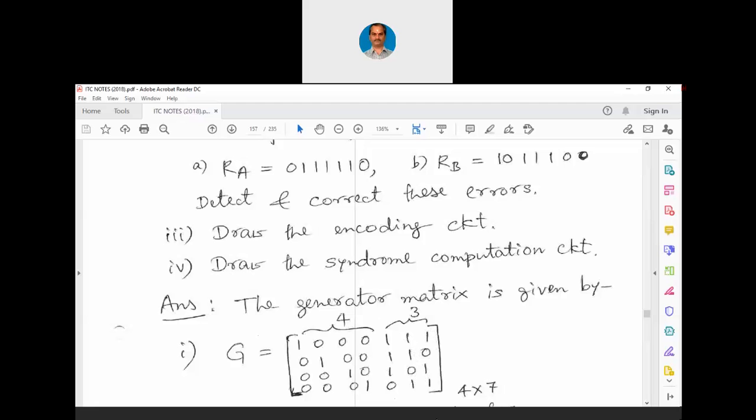And C7 is D1 XOR D3 XOR D4, because in the middle we have these zeros. Now, from the generator matrix, we can easily find out the equation for C5, C6 and C7. That is the point here.